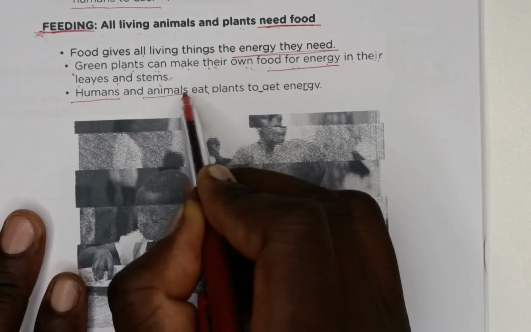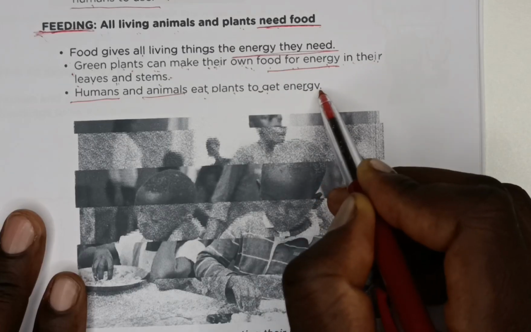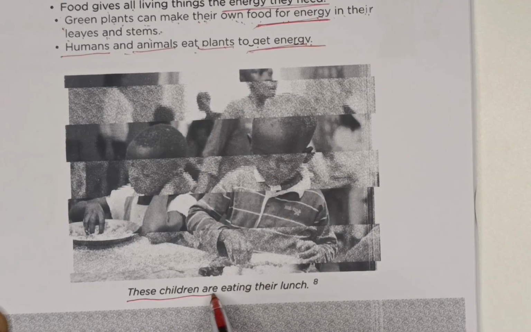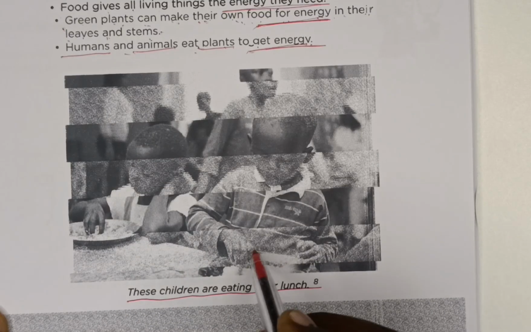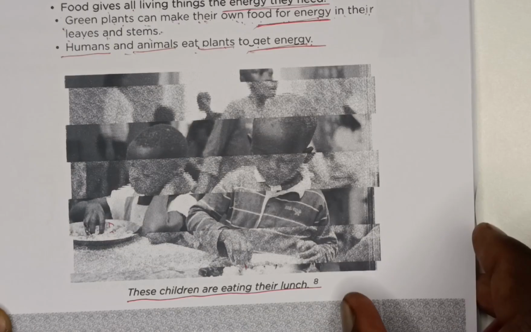Humans and animals eat plants to get energy. So this is supposed to be a picture of children eating. You see, this one is eating from the plate and this one is eating from the plate.